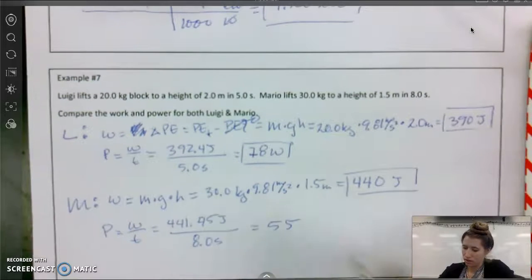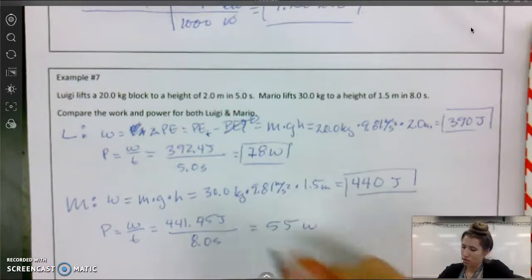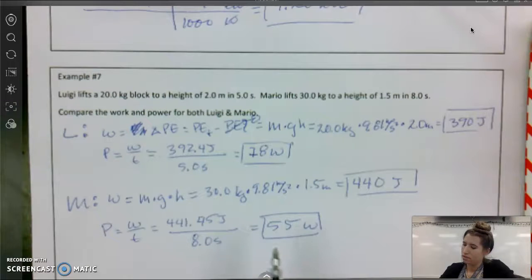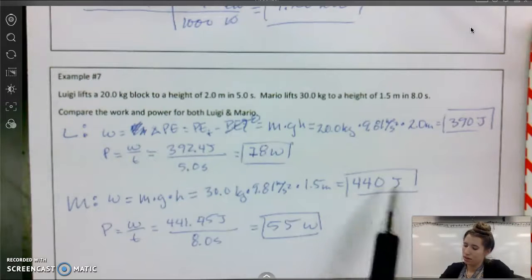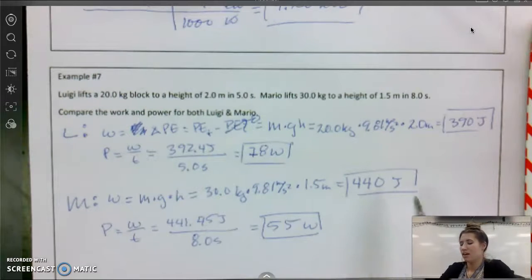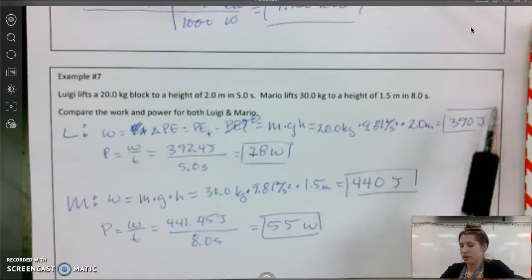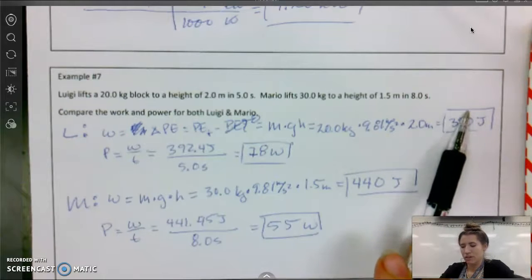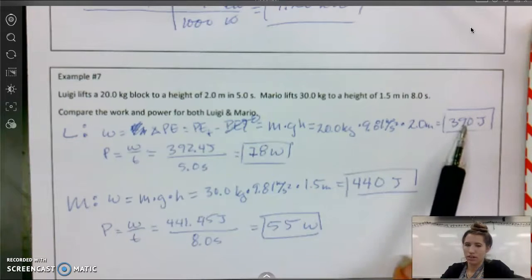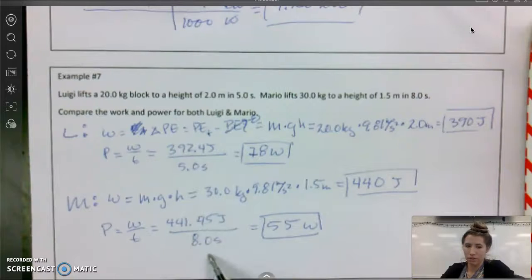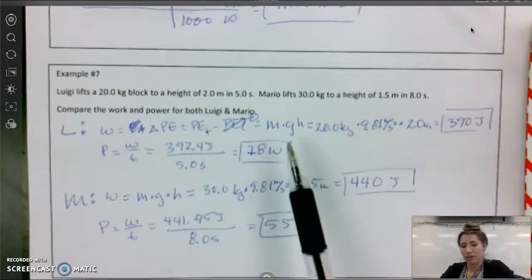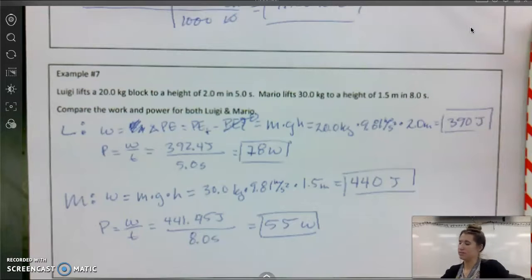Two sig figs, 55 watts. Okay, so interesting. Work of Mario is greater than that of Luigi, but Luigi did that change in energy significantly quicker than Mario, and so his power is actually greater. Nice. Good, good.